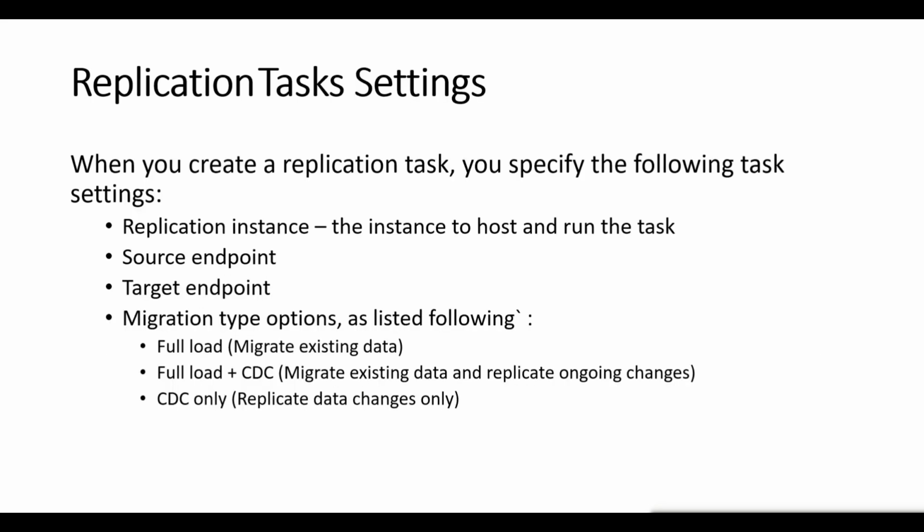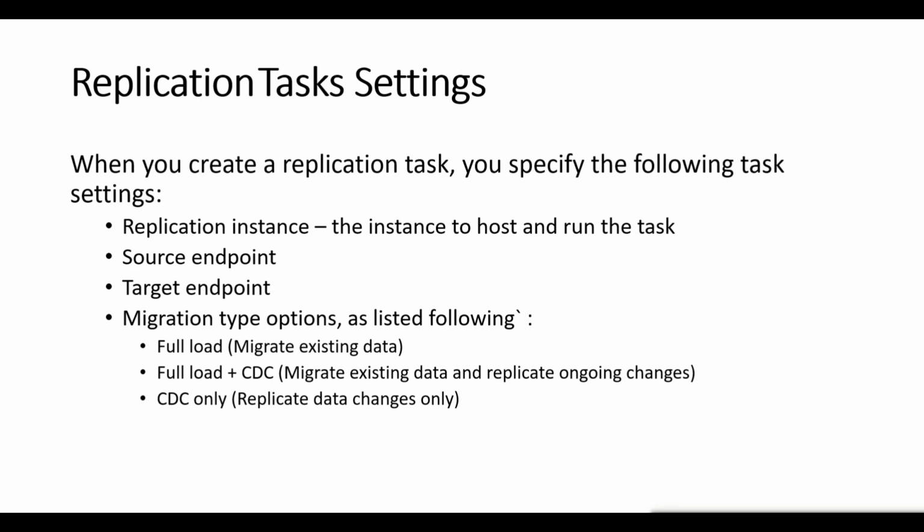So in the replication task settings, when you create a replication task, you specify the following task settings: the replication instance, the source endpoint, the target endpoint, and the migration type options. We will be going through all these in our next session, which will be a totally practical session.